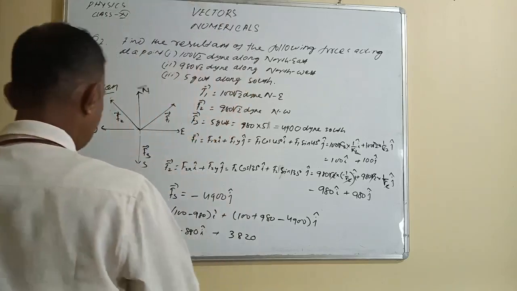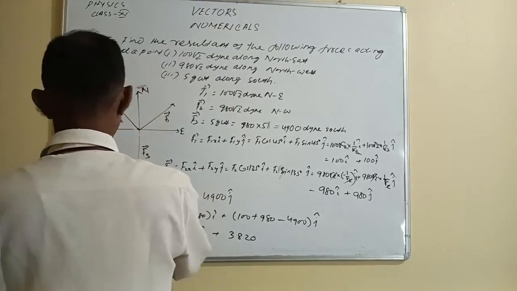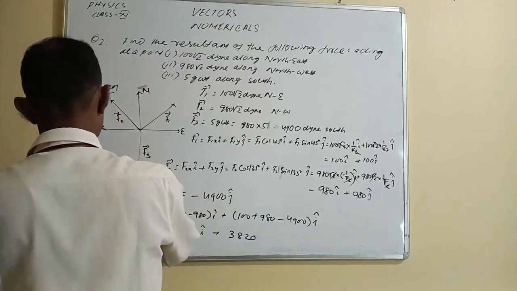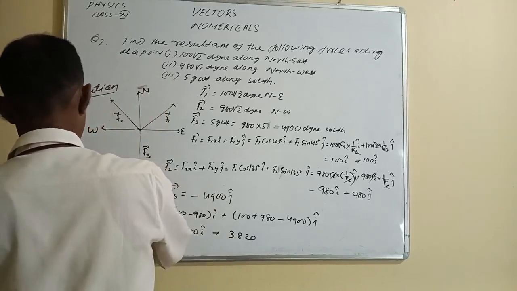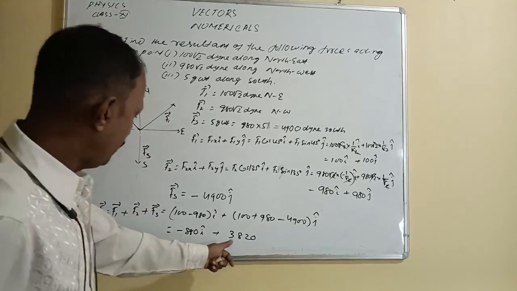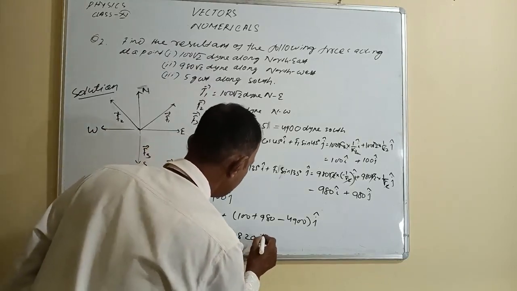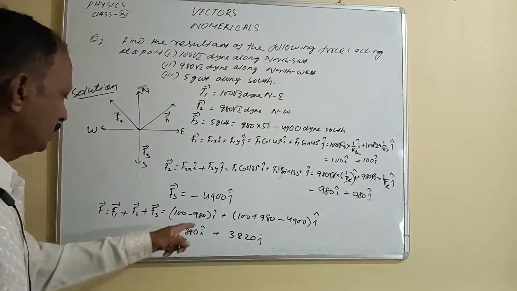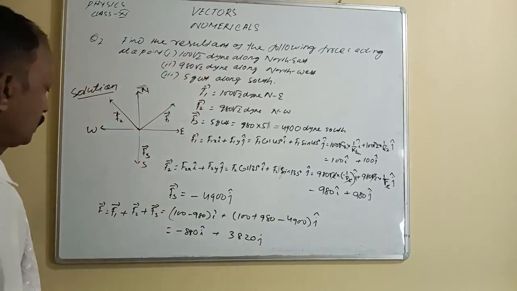Just try to check it: 4900 minus 1080 is 3820. Yes, it is correct. So this is minus 880 i cap minus 3820 j cap.